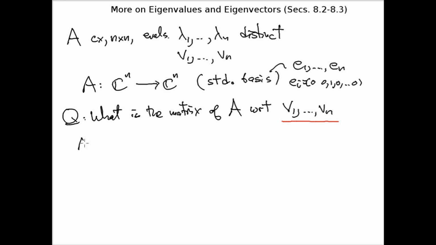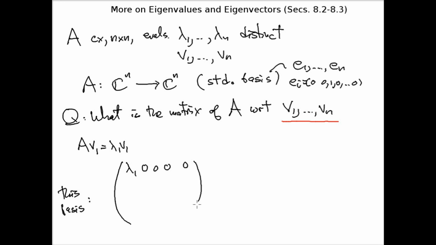Well, A v1 is, by definition, lambda 1 v1. And so that says that with respect to this basis, A v1 is equal to lambda 1 v1 and nothing in the other columns.